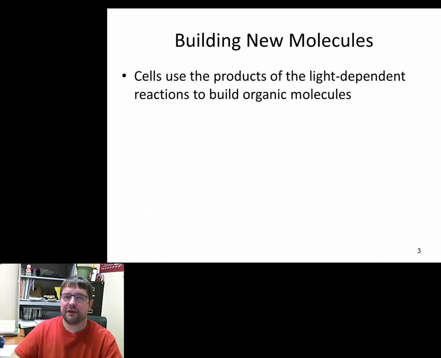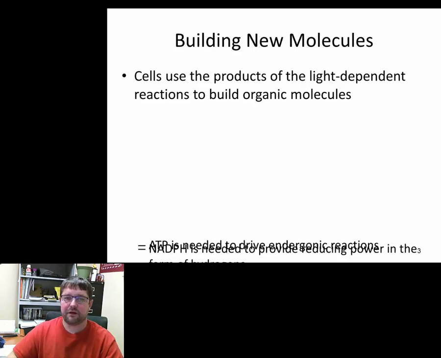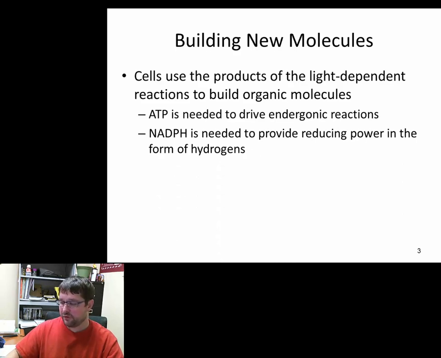All right, so moving into how to build new molecules. We just got done talking about the light dependent reaction. We talked about the two products from that, ATP and NADPH. So now we're going to take those ATP and NADPH molecules. ATP is utilized for inorganic reactions.